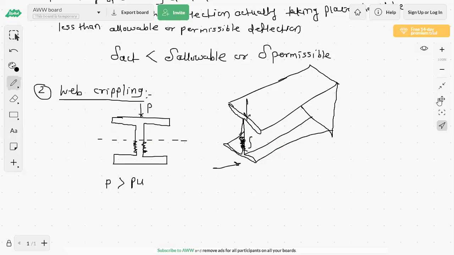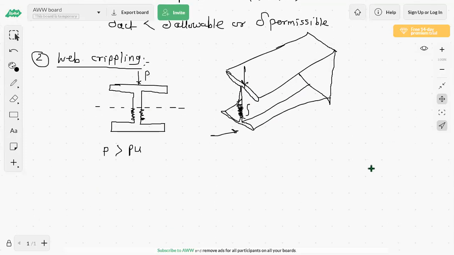So web crippling is nothing but when the loading is in excess of the load carrying capacity. P is the loading, and it is in excess of the load carrying capacity. PU is the load carrying capacity and P is the excess load.